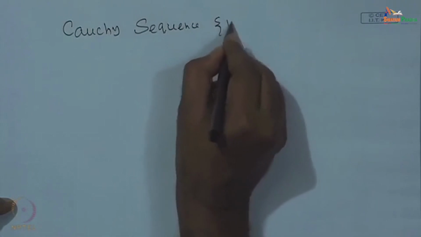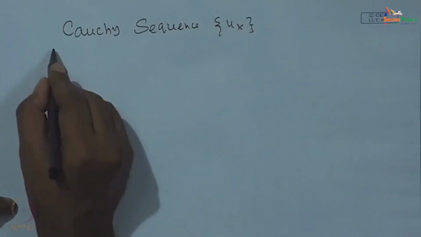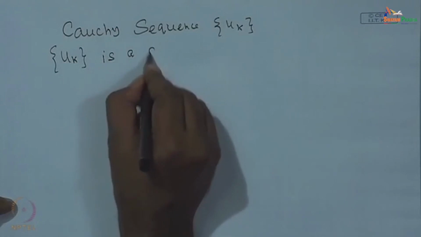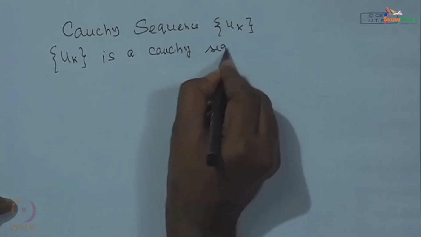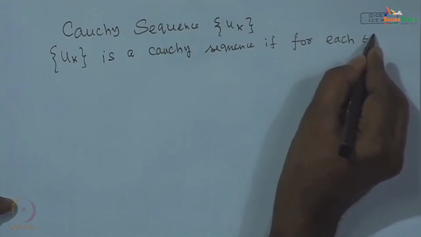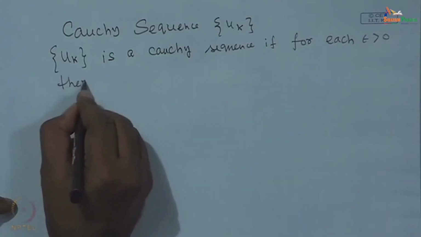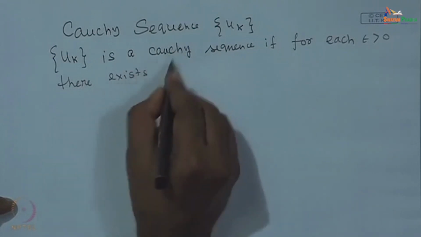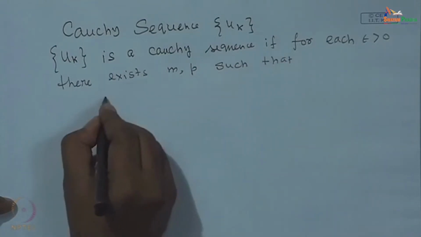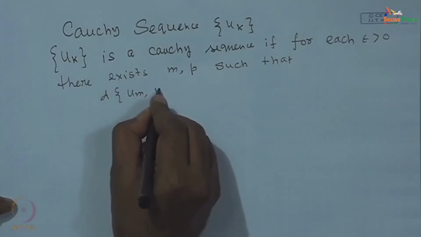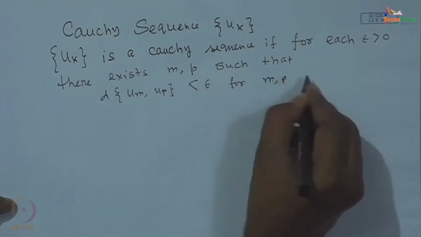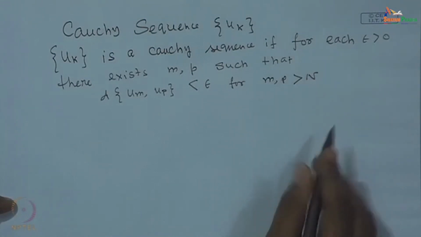Let us say u_k is a sequence. We call it a Cauchy sequence if for each epsilon greater than 0 there exists n such that the metric between u_m and u_p is less than epsilon for m and p much greater than n, where n is an arbitrarily large number.